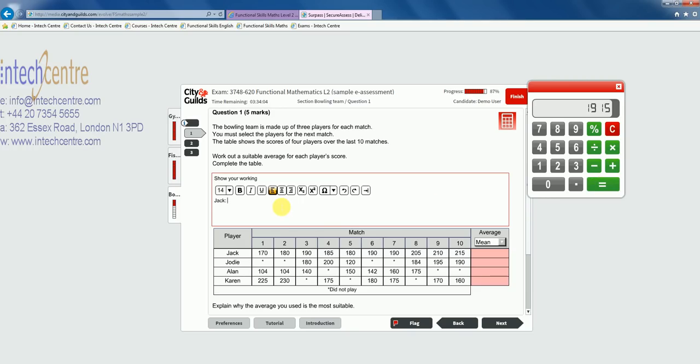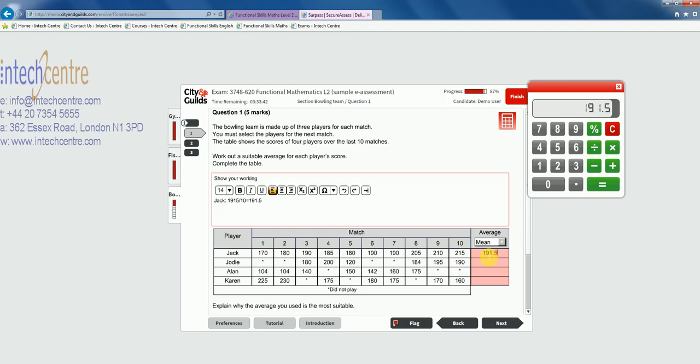So Jack's total gives me 1915. I then divide by number of values. As you can see, he played 10 matches. So then divide by 10. It's 191.5. So this is my answer.